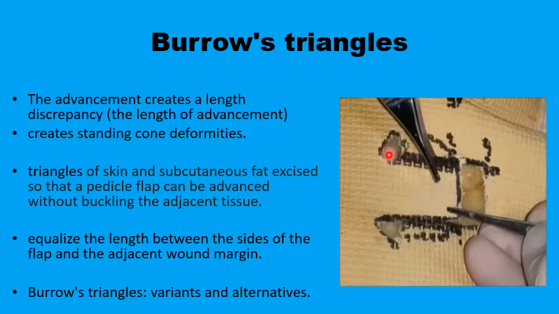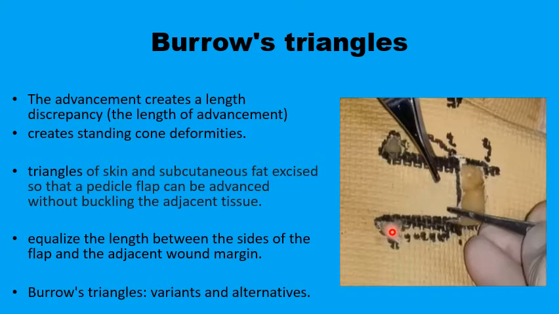The base of the defect and its sides are equal to half the length of the defect itself. If that's 2 centimeters, then you mark a 1 centimeter equilateral triangle on both sides of the flap, and that would prevent having a dog ear deformity in here. But that's just one form of Burrow's triangles.